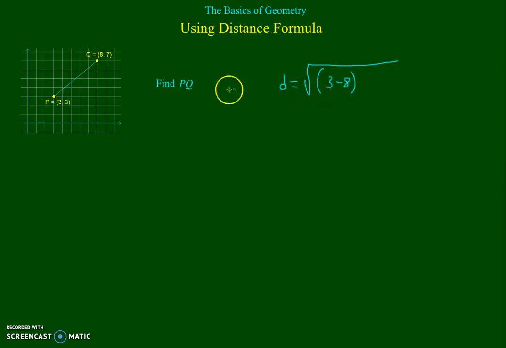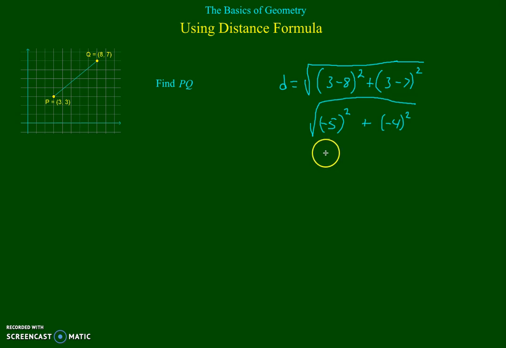And again, it makes no difference if you do 8 minus 3 or 3 minus 8, because since we're squaring this value, whether this number comes out negative or positive, totally doesn't matter. Plus the difference of the y values. So it's 3 minus 7 squared. Figuring this out, 3 minus 8 is negative 5 squared, plus 3 minus 7 is negative 4 squared.